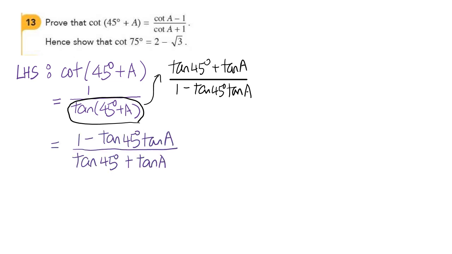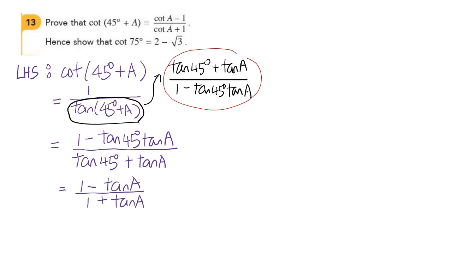So basically I'm taking 1 divided by this whole chunk. I need to flip it to get 1 minus tangent 45 times tangent A over tangent 45 plus tangent A. And tangent 45 is 1. Then how do I prove that I get cotangent? Because what I have here is tangent A. It's actually quite easy.